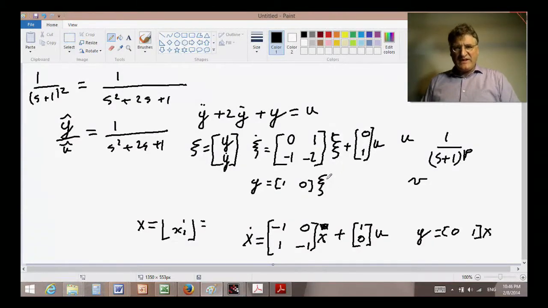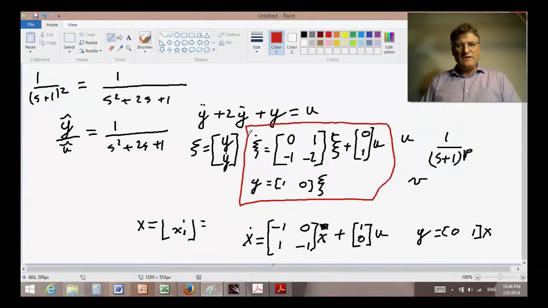Notice that this representation here is different from that representation there.